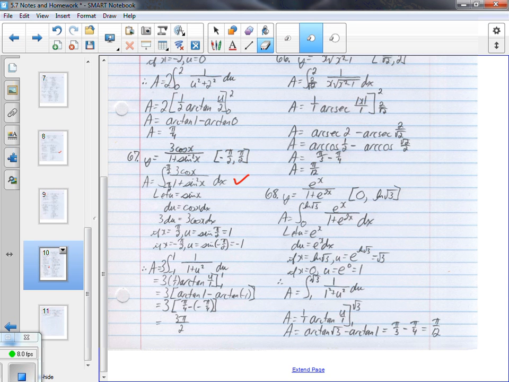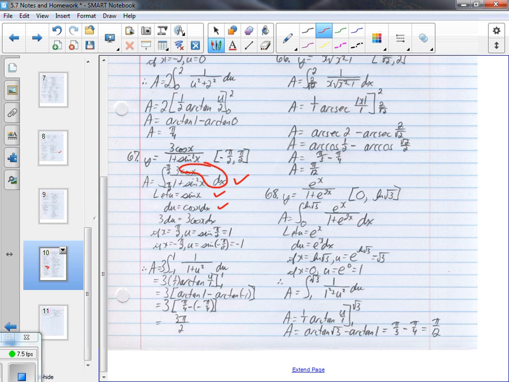Okay. So if we let u equal the sine of x, we can actually turn this into an arctangent problem. Okay? If u equals the sine of x, the derivative of that is cosine of x dx, which is awesome, right? But we don't have a 3 in our du, and we need one.